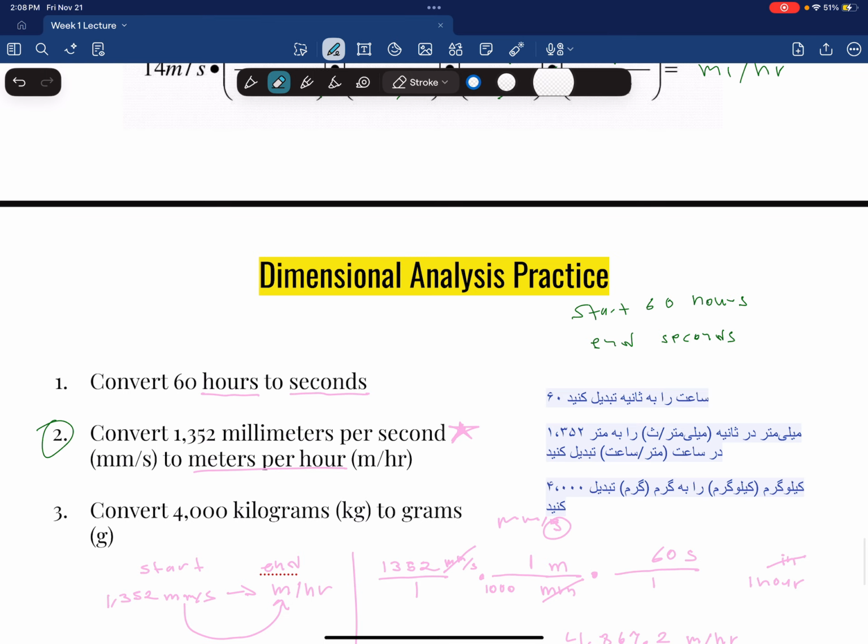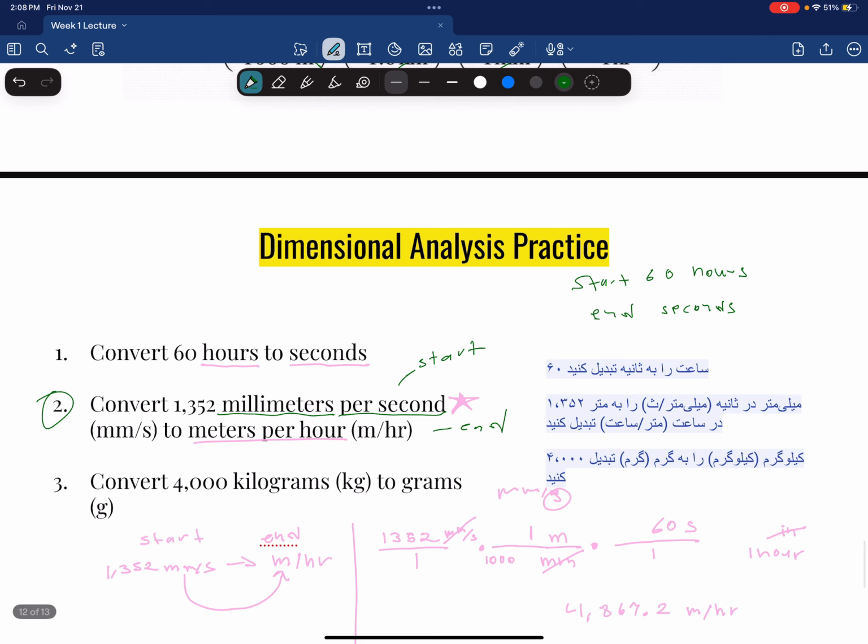We're converting 1,500 millimeters per second to meters per hour. So we start with millimeters per second and we want to end with meters per hour.